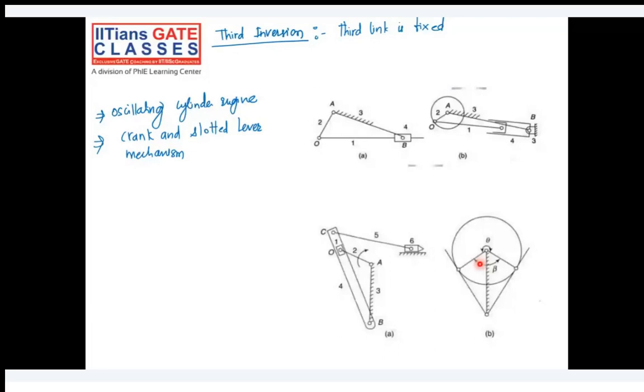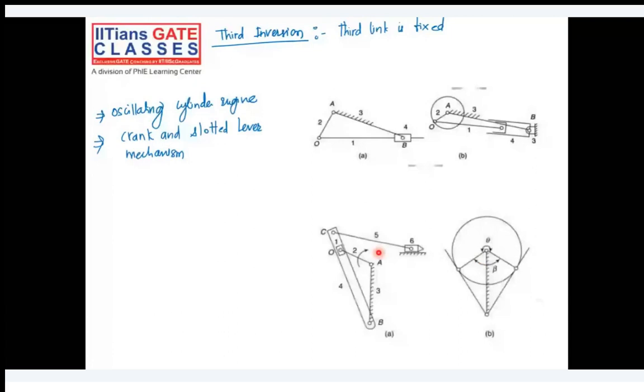So piston is fixed to the link 1. So you have to assume this entire thing as link number 1, including piston. And then we made the link 4 as a cylinder, which is hinged at one particular point, and then this is how this mechanism will work.